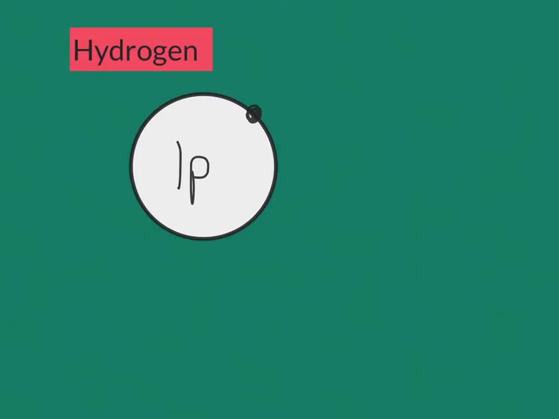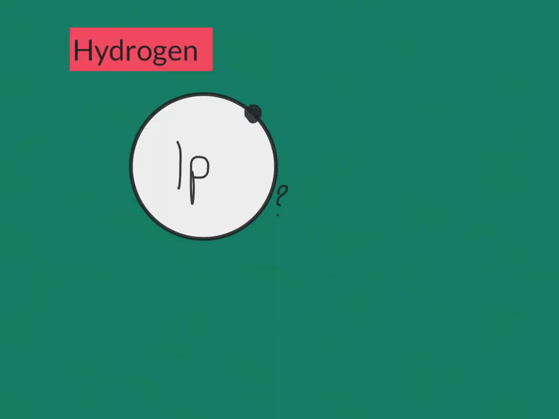I have 0 neutrons. This shell can hold up to 2. I could put another electron here and it would be full. But hydrogen only has 1 electron. Therefore, its street, its orbit, is not full. It is left wanting 1 more electron to make it full.